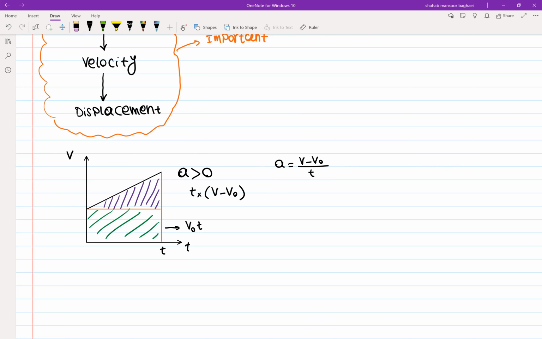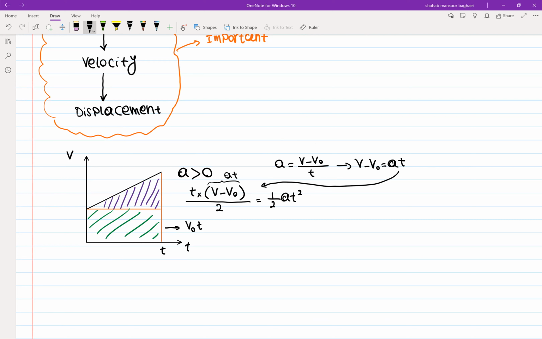Therefore, V minus V0 equal to AT. Therefore, this part is AT, because I want to use it here. This length times this length divided by 2 is half AT times T, which is AT square. Therefore, the area of the purple one is half AT square.